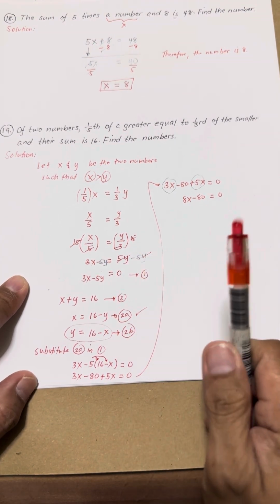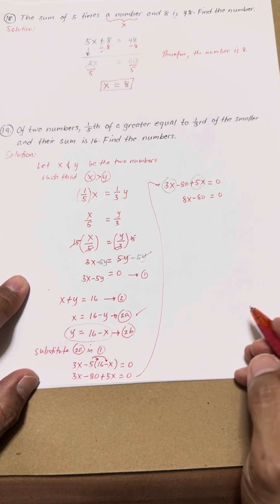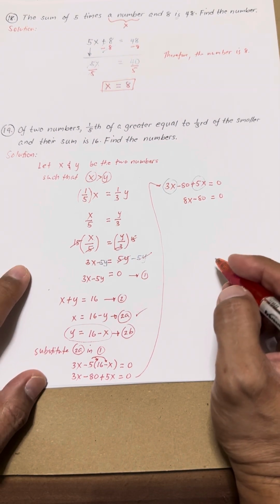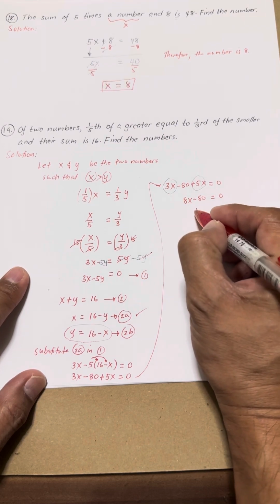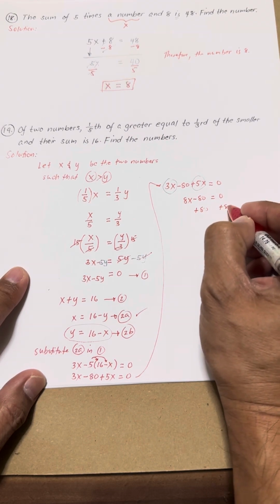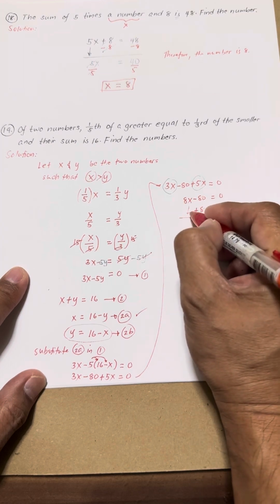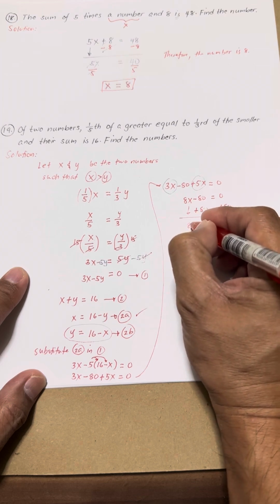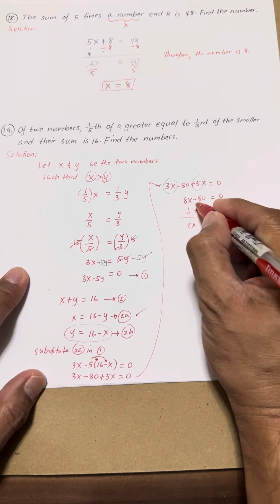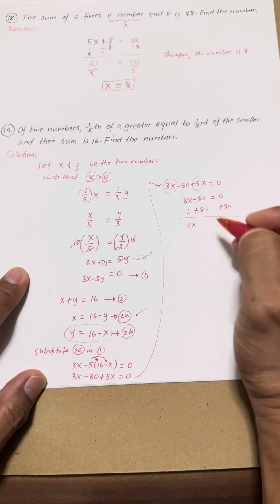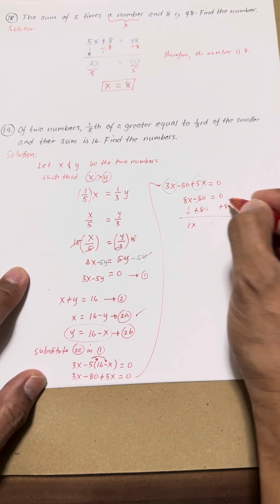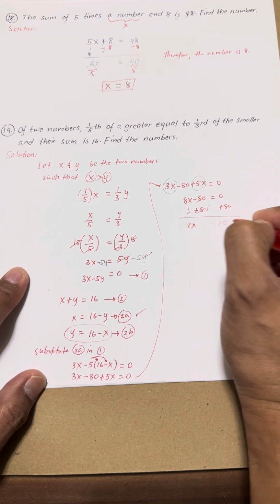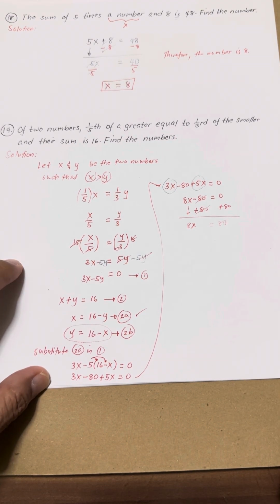We now have an equation with a single variable. We can solve it by the same technique for solving equations in less than 30 seconds. Add 80 to both sides. Then bring this down: we have 8x, and negative 80 plus positive 80 cancels, equal to 0 plus 80 on the right side, so this is 80.